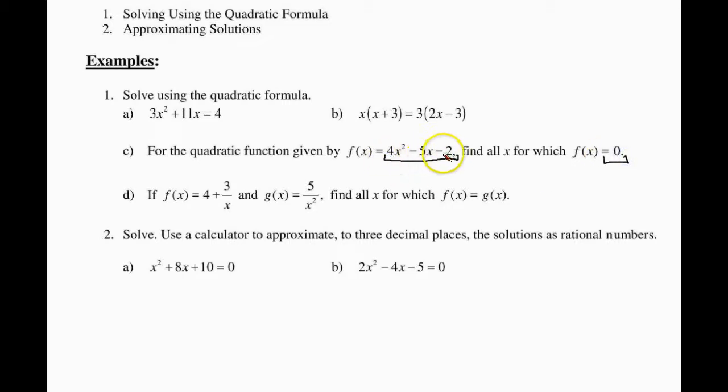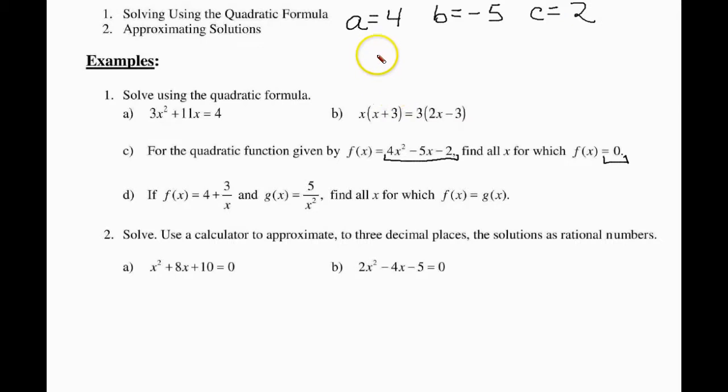So this then is already in standard form, equaling 0. So what is A? A will be a 4. Your B term is a negative 5. And your C term is a negative 2.